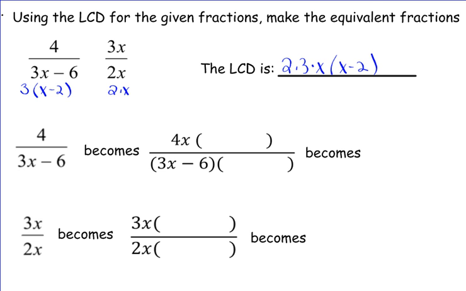Again, I'm going to look at what I have to do to 3x minus 6 to turn it into my least common denominator, or what's missing from it, and what's missing is 2x. So again, I'm going to leave the denominator in its factored form. I could leave it like that, or I could just write the least common denominator, and I'm going to multiply the numerators.